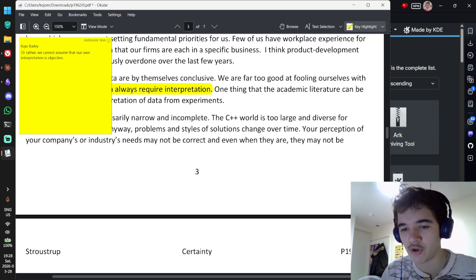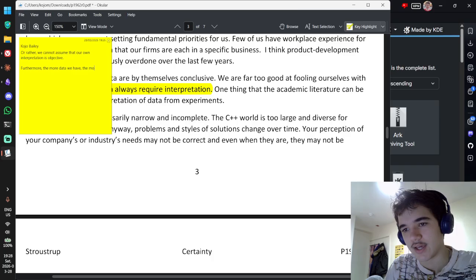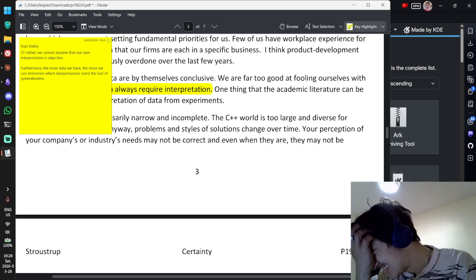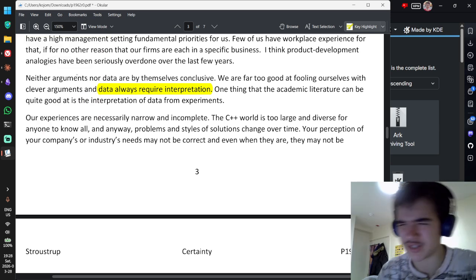Furthermore, the more data we have, the more we can determine which interpretations line up, stand the test of generalization, I guess. That's not well worded, but the idea should get across.